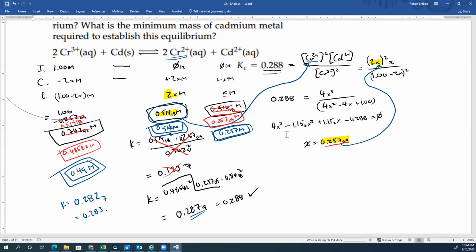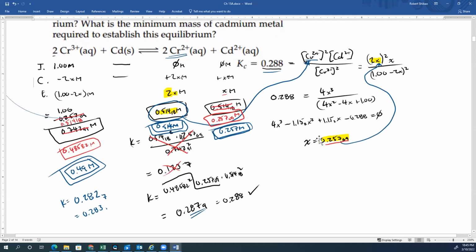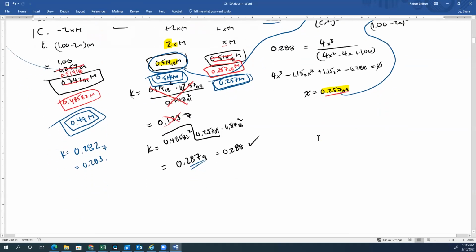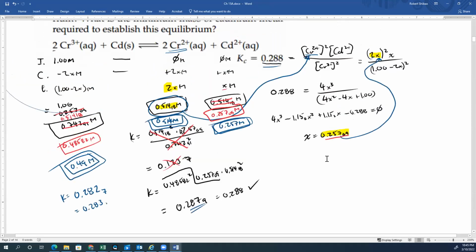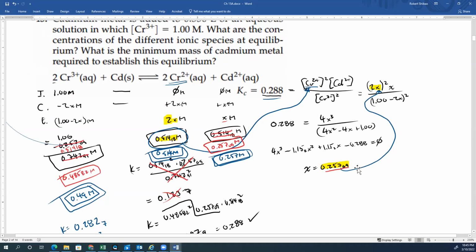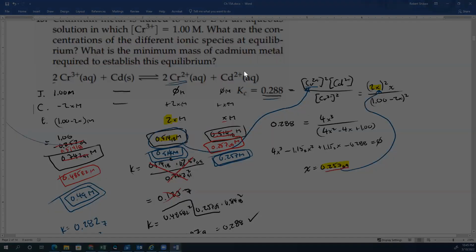All right, now let's say you don't have a fancy calculator that can solve cubics. Then what would you do in this case? Would you try the simplifying assumption? So let's say I didn't have a fancy calculator, and I'll try one of the tricks in the book.